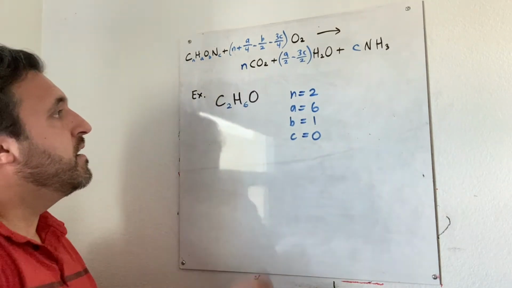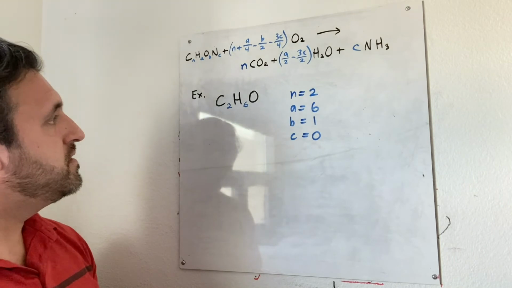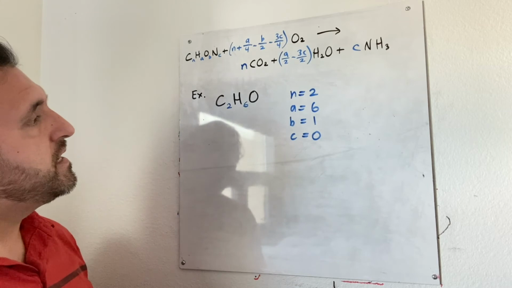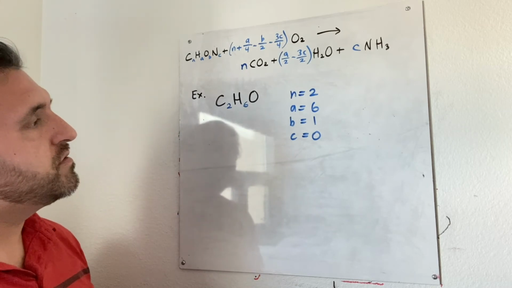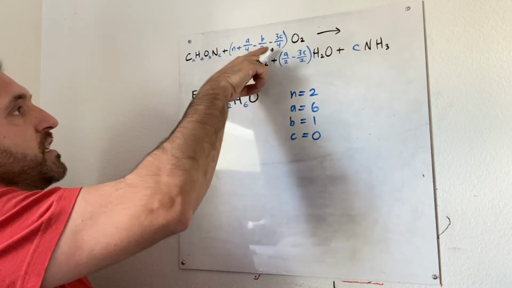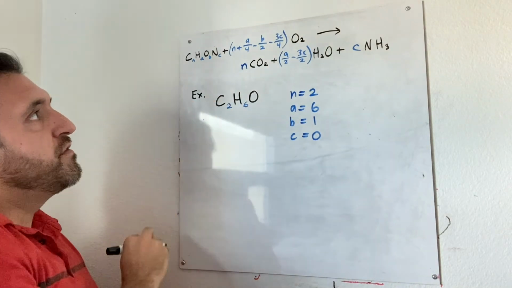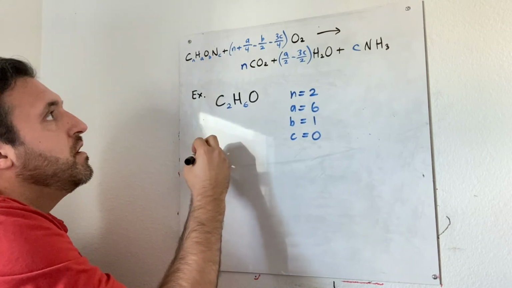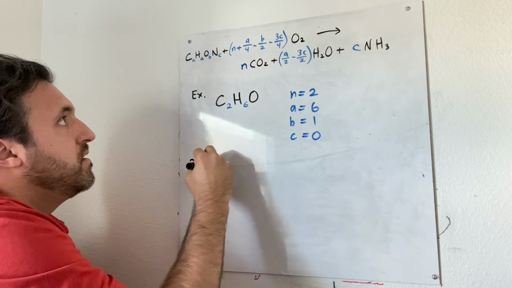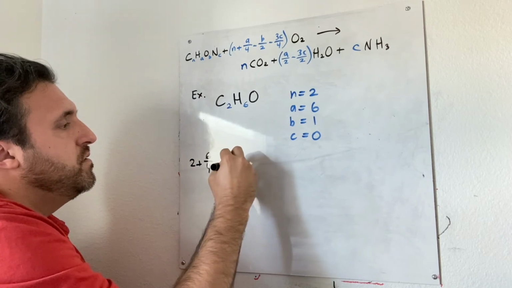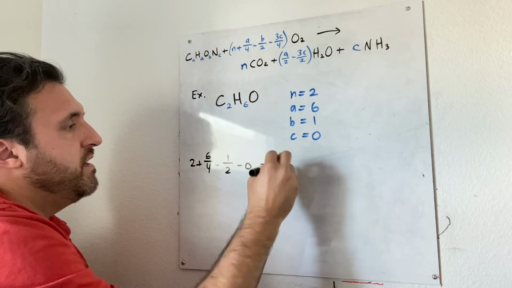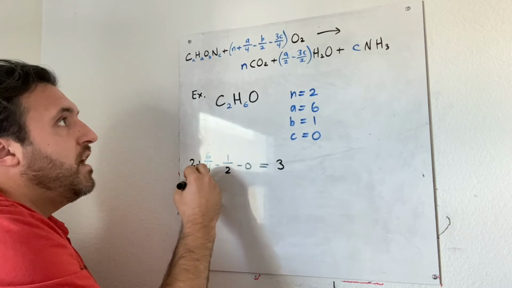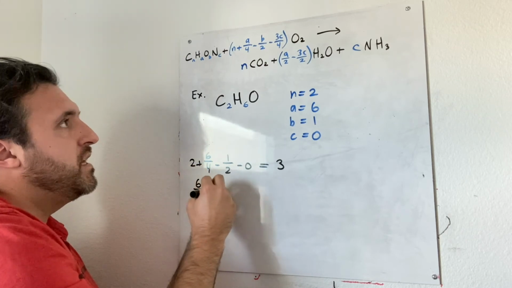So we can see here for the example of ethanol, C2H6O, we've got N equals 2, A is equal to 6, B is equal to 1. We don't have any nitrogen, so C is equal to 0. So the first one to calculate here, N plus A over 4 minus B over 2 minus 3C over 4. That is 2 plus 6 over 4 minus 1 over 2 minus 0. That's equal to 3. The second one for H2O would just be A over 2, 6 over 2 minus 0.